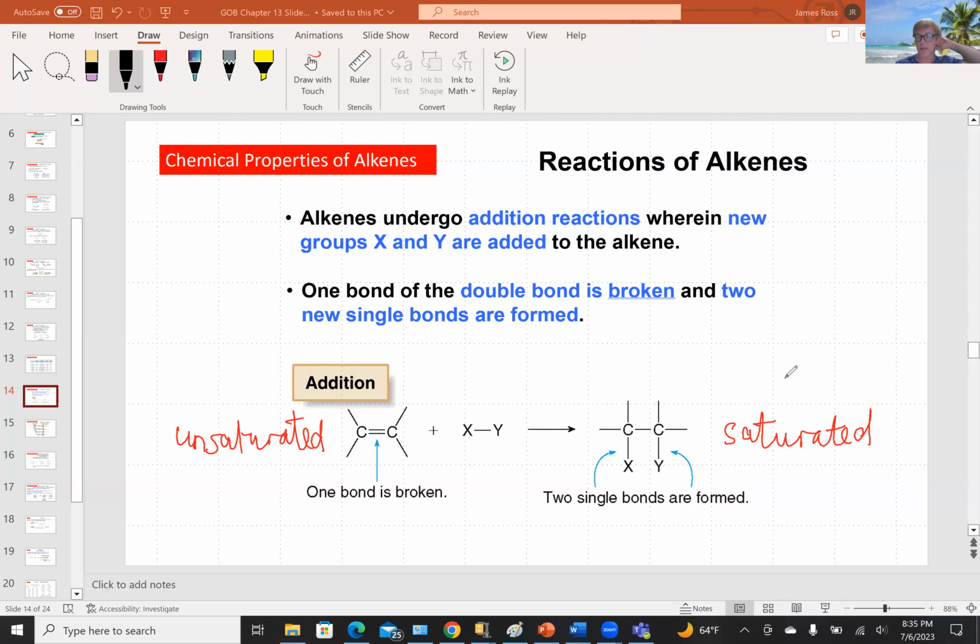So in an addition reaction, we convert an unsaturated alkene into a saturated alkane. This is one way we can convert one to the other, and eventually we'll see we can go back. We can convert a saturated alkane into an unsaturated alkene as well.